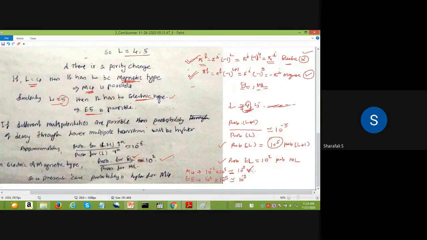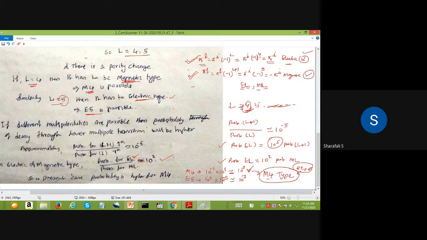So from that, we can conclude that this M4 type is the corresponding transition which will happen in this particular case, when you are having the transition from 2 plus to 0 plus in germanium.